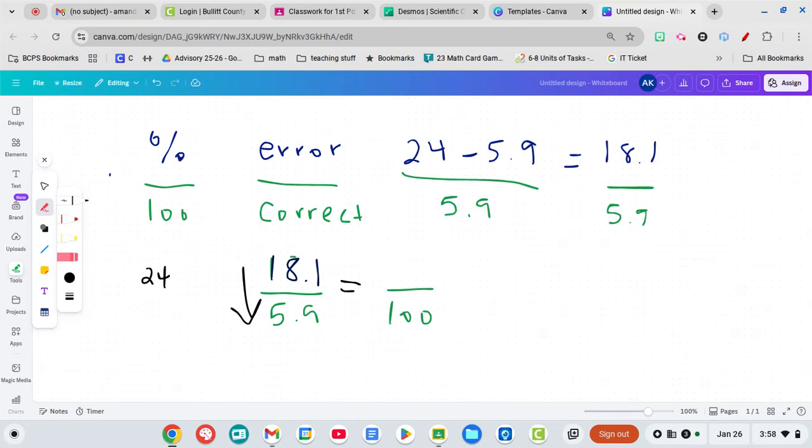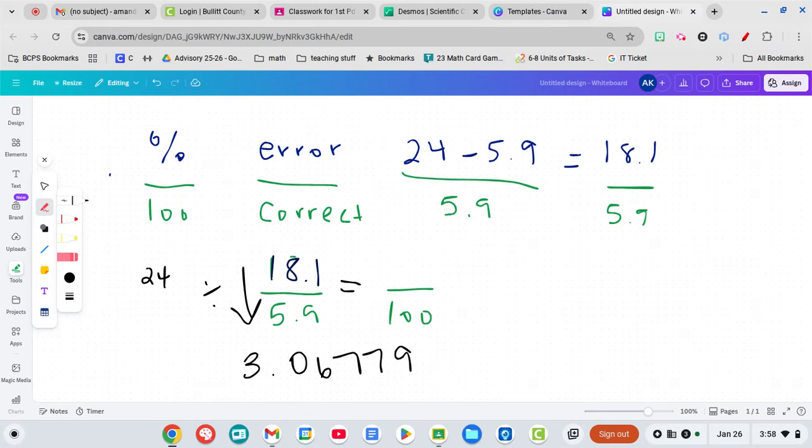I will know that the top number has to be about 3 times bigger than the bottom number. When I divide that out, I'm going to get 3.0677. It actually keeps going quite a bit after that, but we need to go this far. 3.06779, we'll go that far.